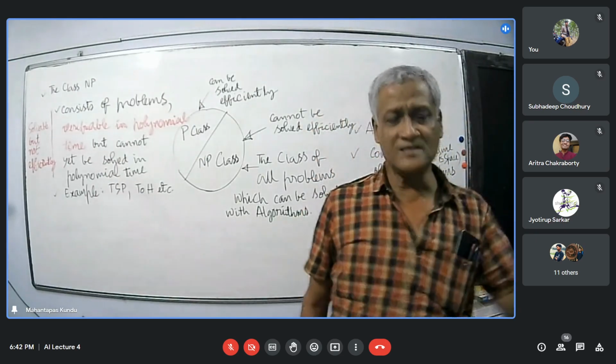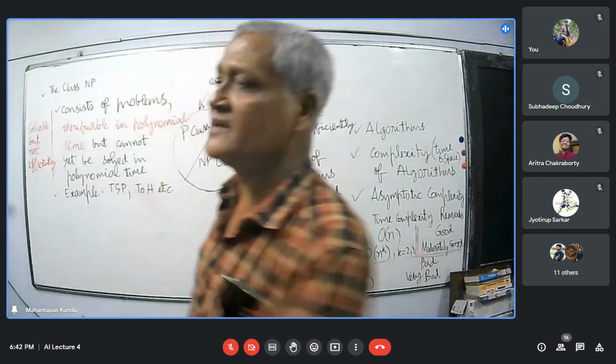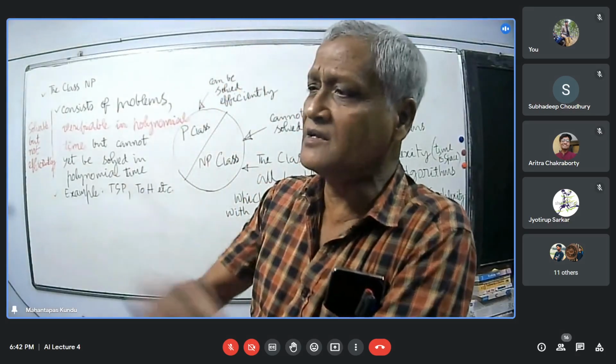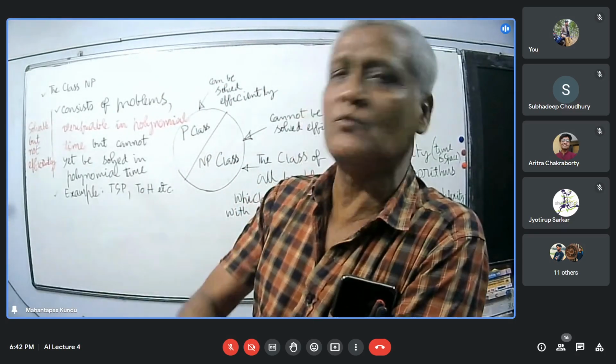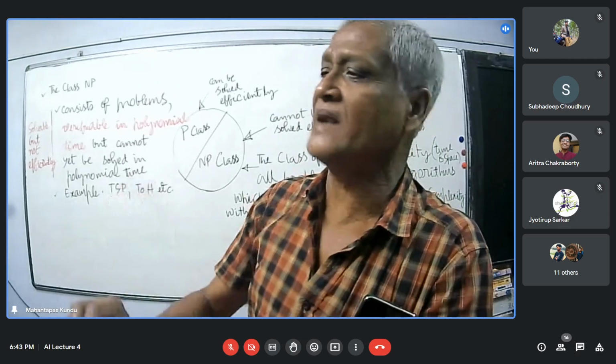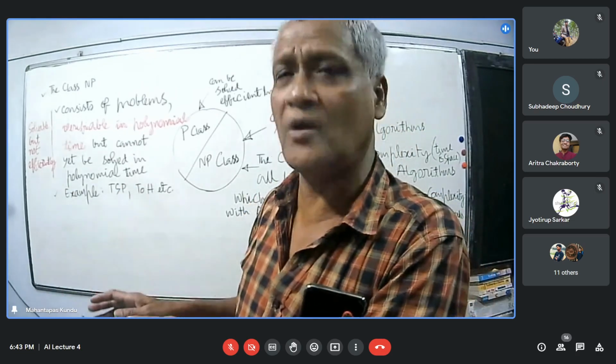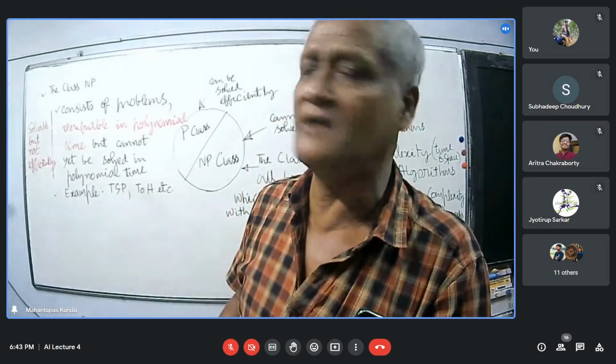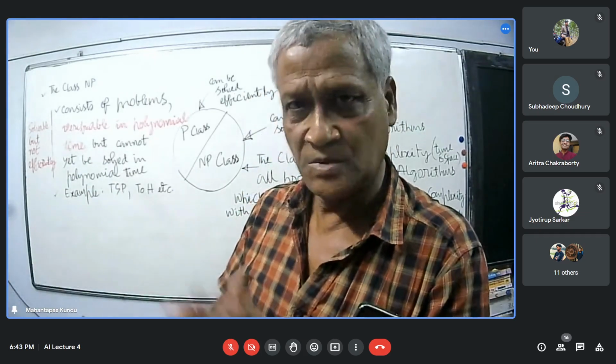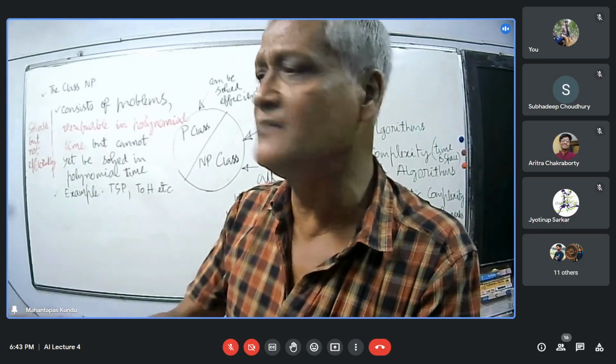But given a sequence of disk movements, we can write an algorithm which will determine whether that can solve the Tower of Hanoi problem for certain value of n in polynomial time. So that is called verifiable in polynomial time.